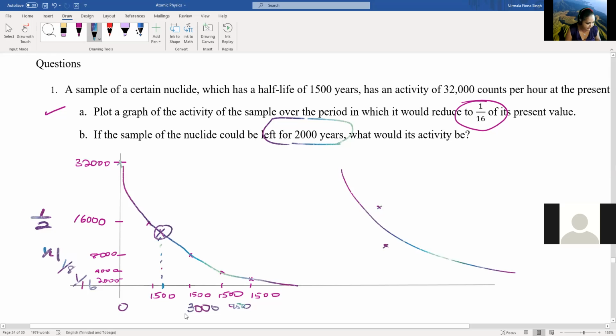And if you read across there, plot your graph and tell me what you get. Because this is again a sketch graph, not an exact graph, I won't get my proper numbers.